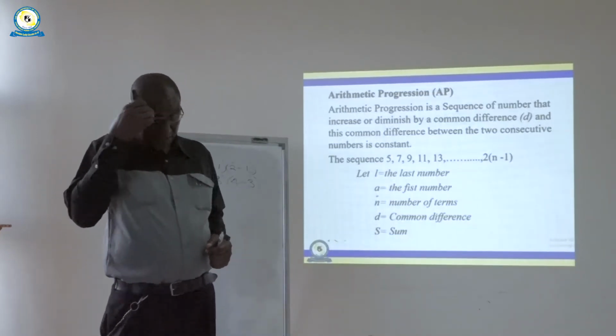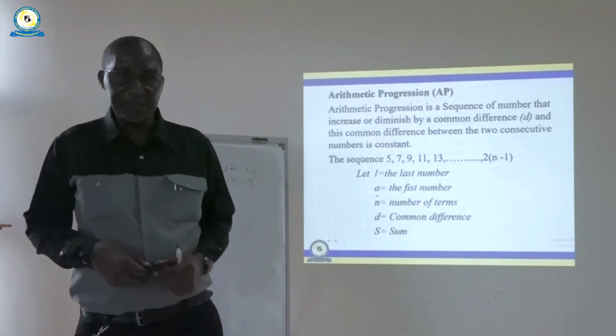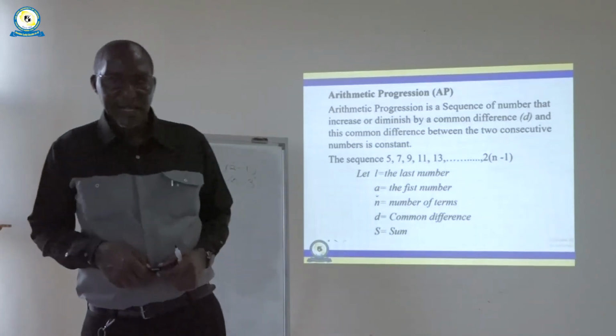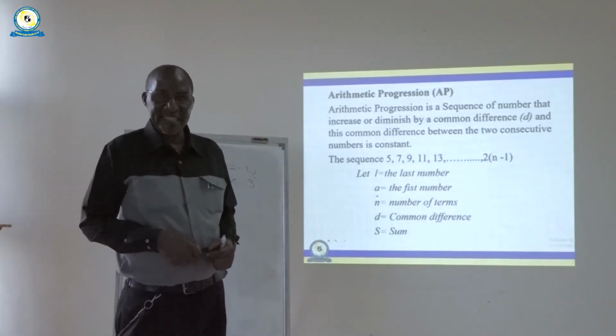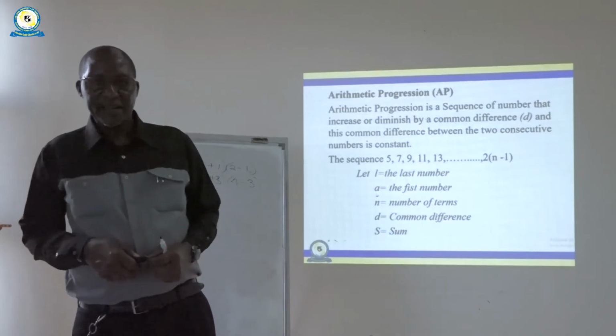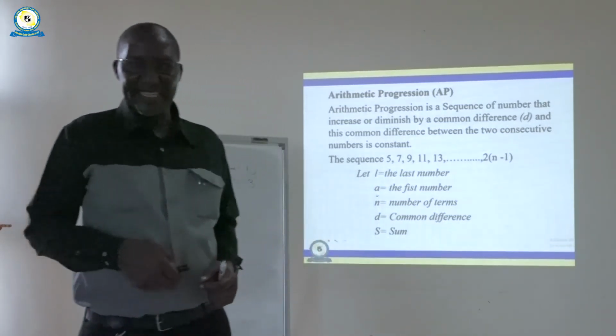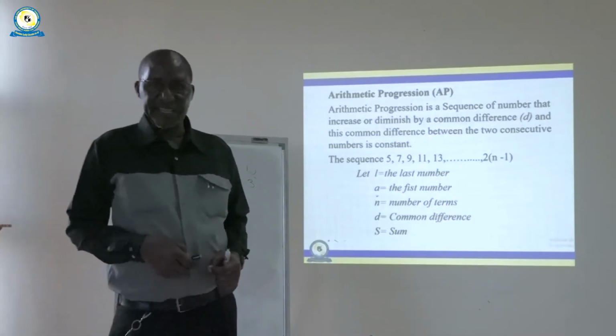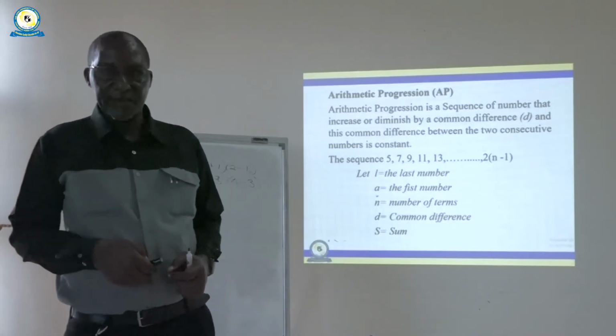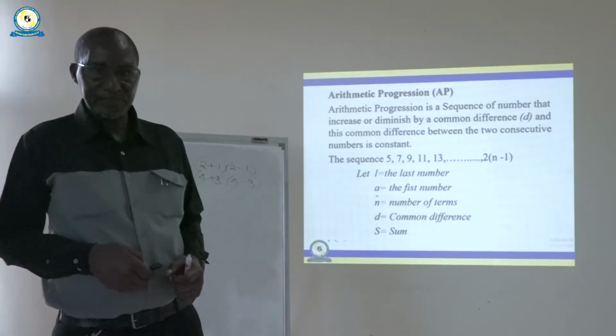Now we come to arithmetic progression. An arithmetic progression is a sequence of numbers that increase or diminish by a common difference d, and this common difference between two consecutive numbers is constant.